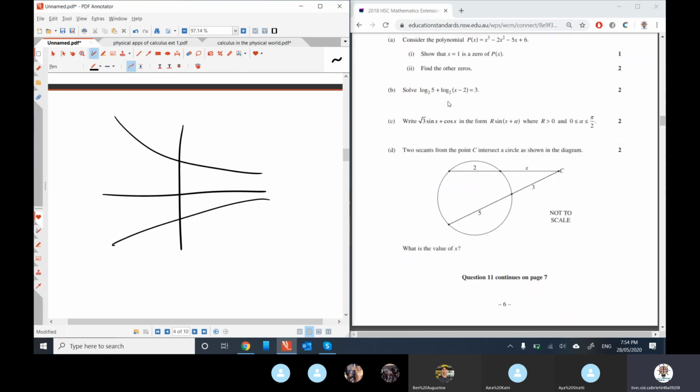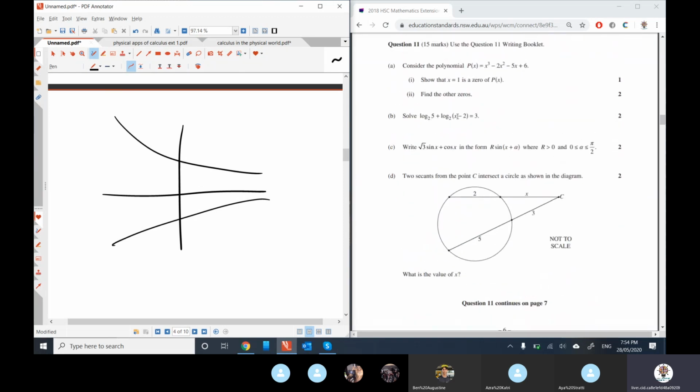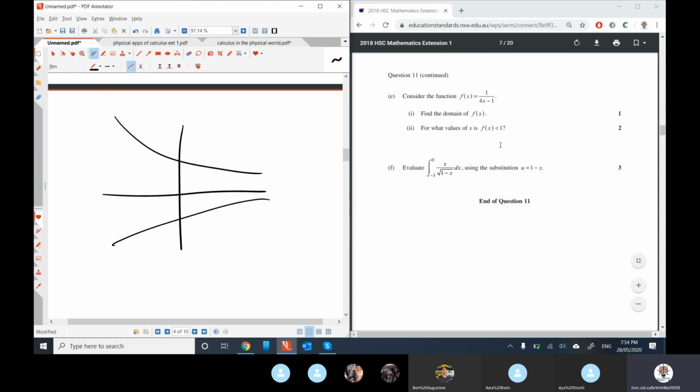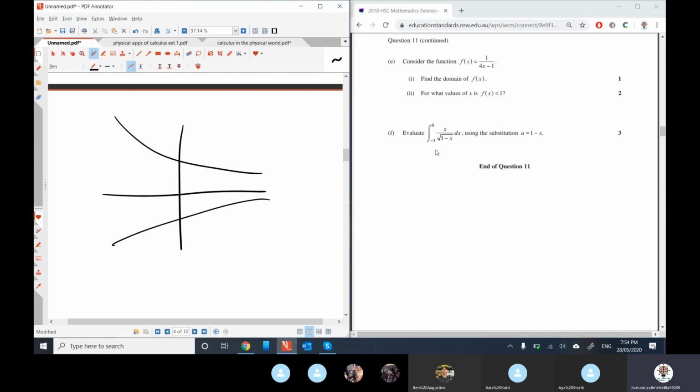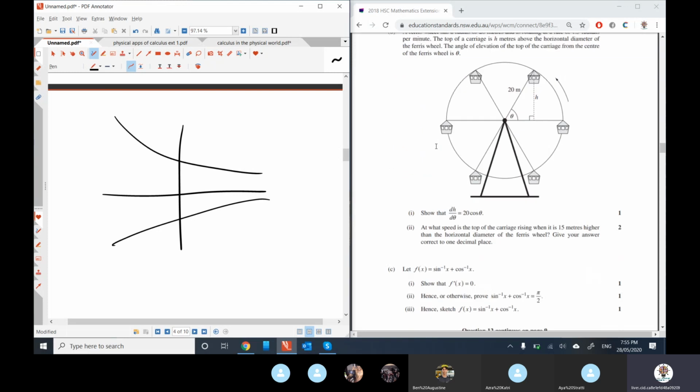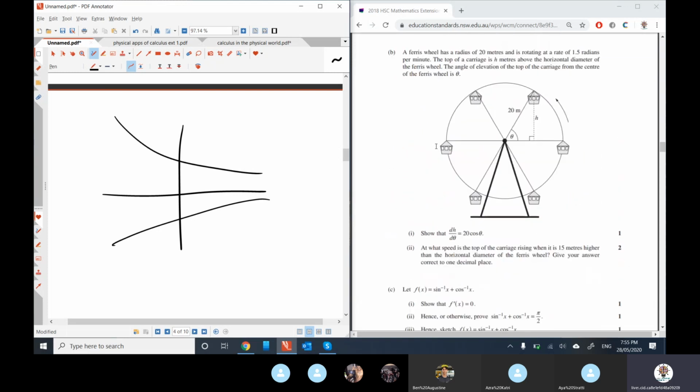Logs, you should be able to do that. Polynomials, can do. Transformations, part of year 12, no. Circle geometry, no. Consider the functions, find the domain. I should be able to do that. Integration, only 4-unit kids can do that. Using the substitution, you guys should be able to answer that. Cos squared integration, 4-unit should be able to do that.